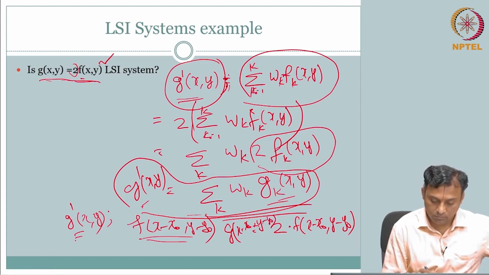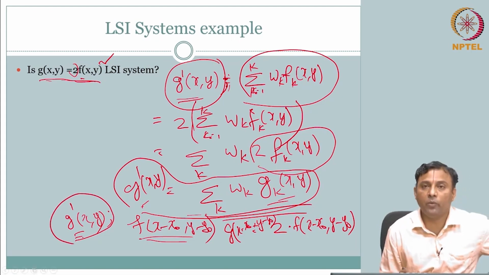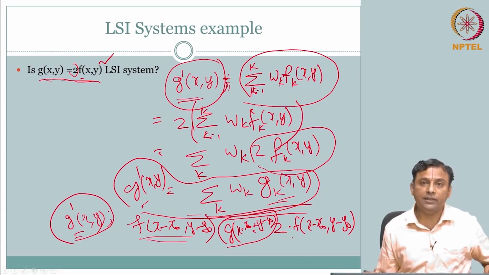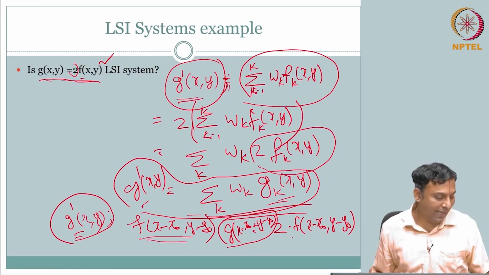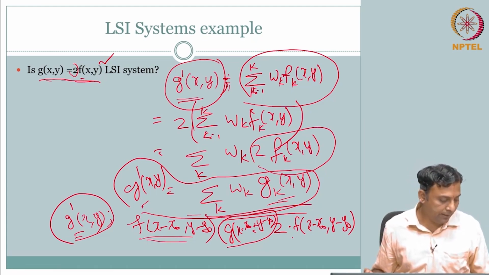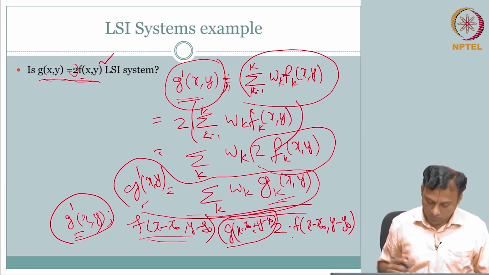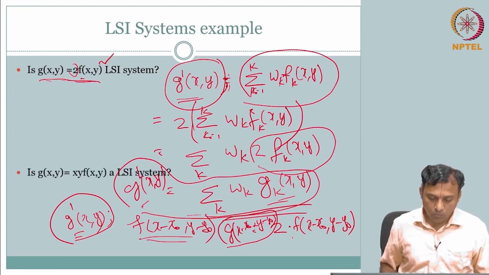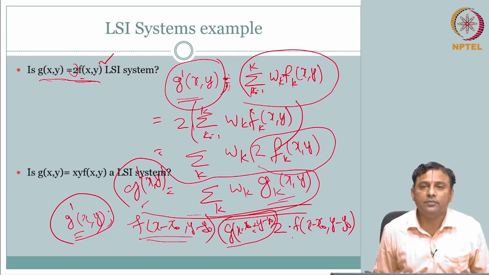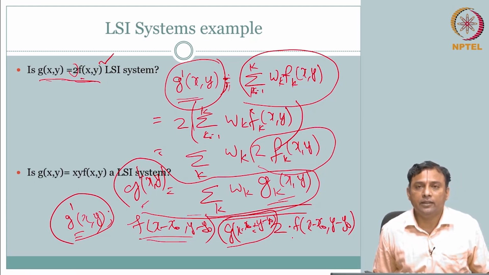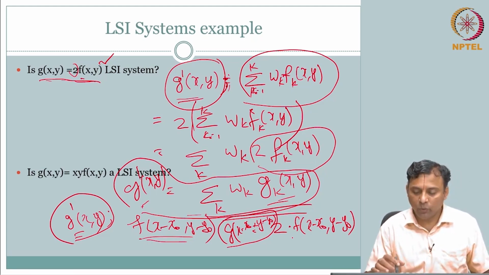So g dashed of x comma y is nothing but the shifted version; both are the same. So essentially this is shift invariant as well. Clear? So let us do one more.